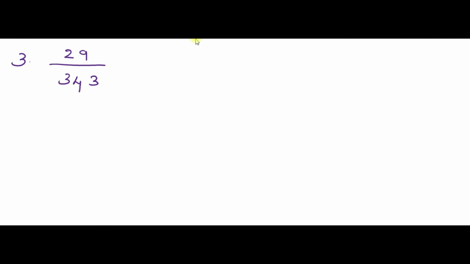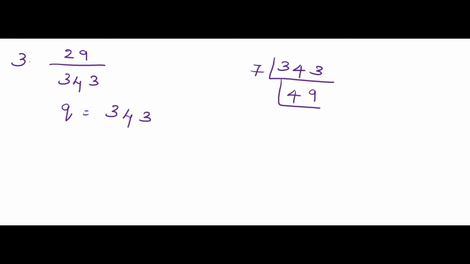Your next question is 29 by 343. The denominator is 343. First we have to find the prime factors of 343. 343 can only be factorized by using 7. 343 by 7 is 49, and 7 sevens are 49.